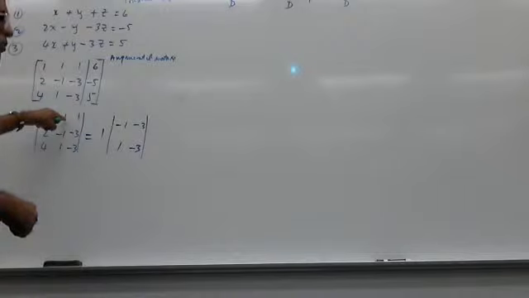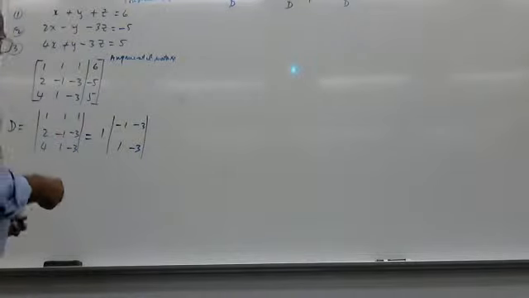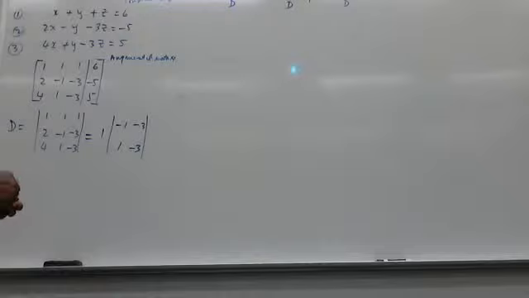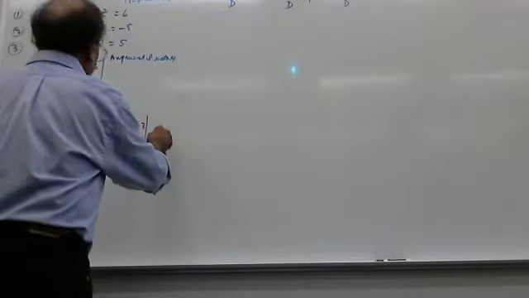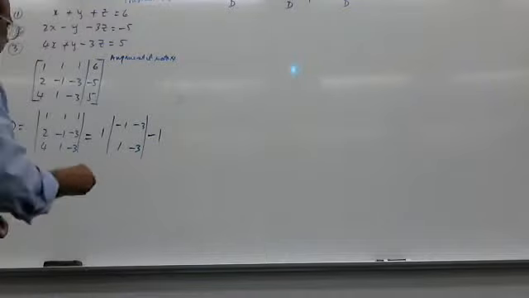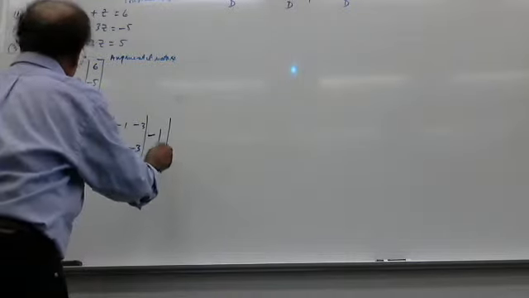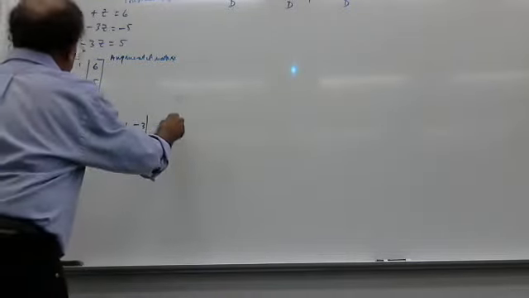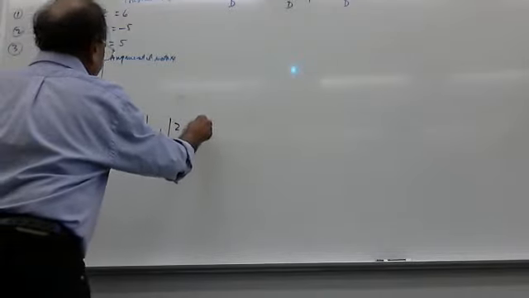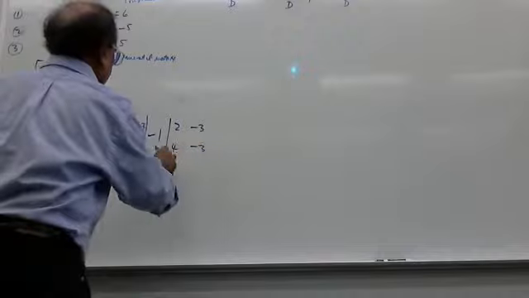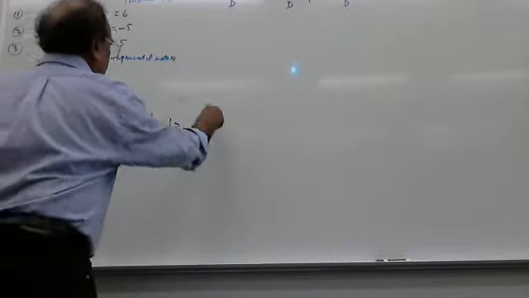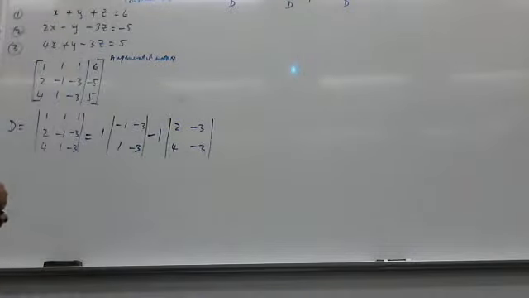So 1 plus 2 is 3, and -1 to the third power is going to give me a minus. So this is -1 because my element here is 1. And then I will have here 2, -3, and 4, and -3, because remember, in this case I'm deleting the first row and second column.